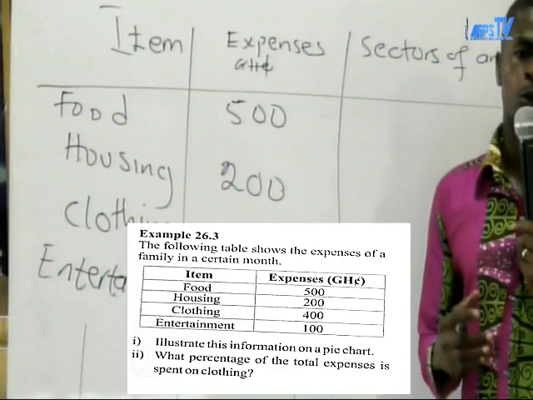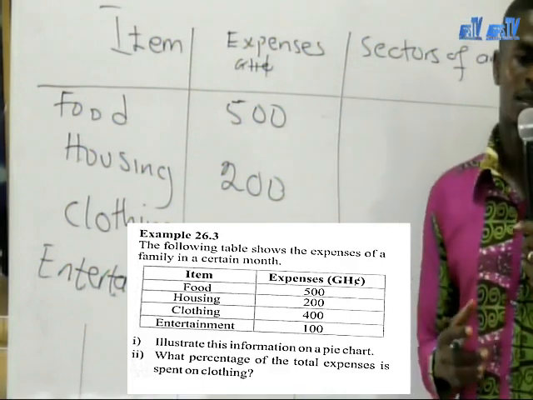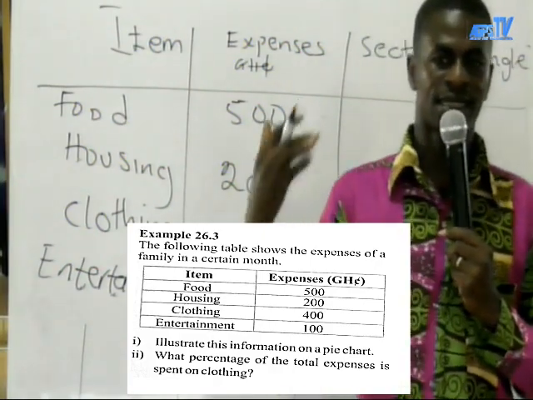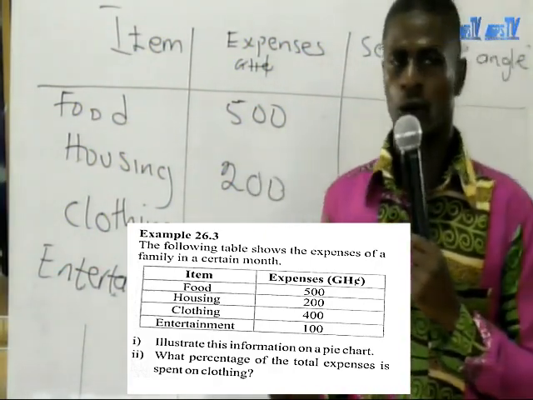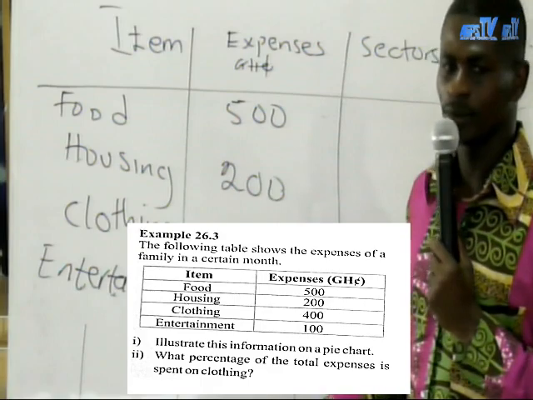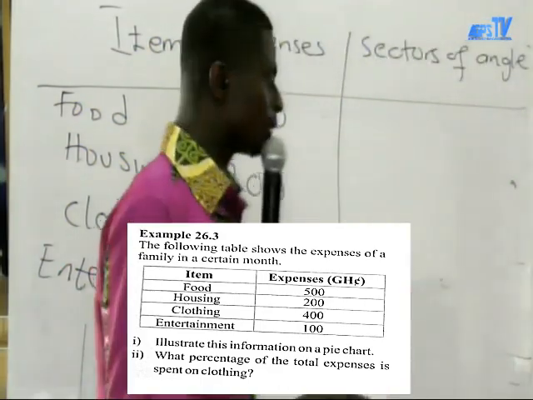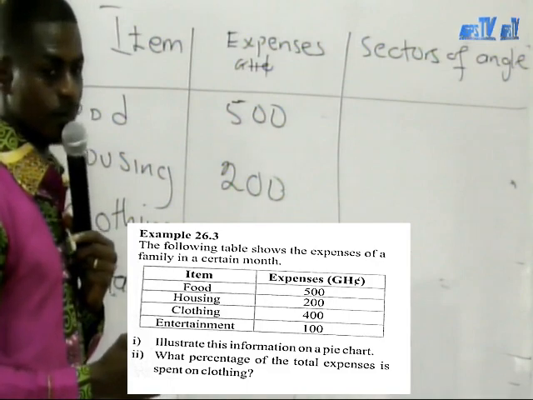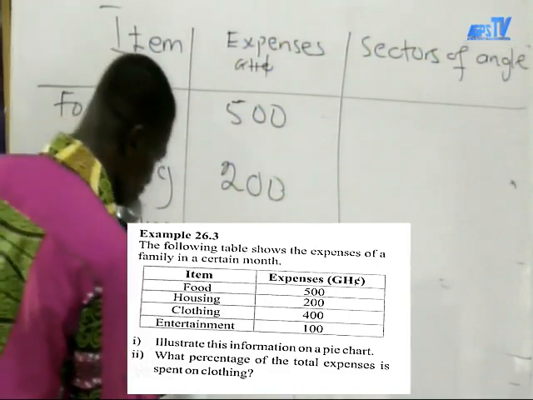Now, to be able to find the sectors of angle, like I have repeated in the first and second example, we are going to find the total. So, you can take the question from the screen quickly for me.